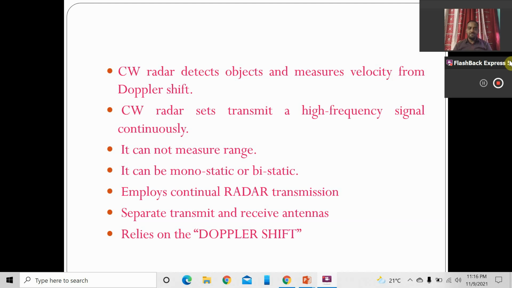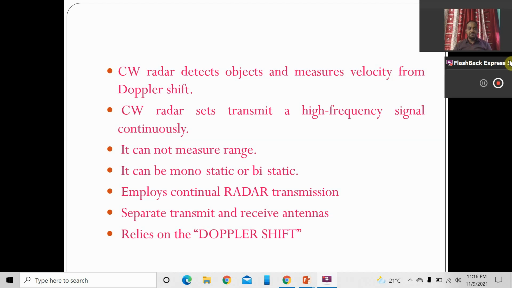We know all electromagnetic waves travel with the velocity of light. So, the electromagnetic wave that has left the transmitter at a particular instant t returned to the receiver at t plus delta time. This delta time is the time required to go to the target and come back to the receiver. So, if you divide it by 2, then you can understand at what distance the target is. That is called the radar range.